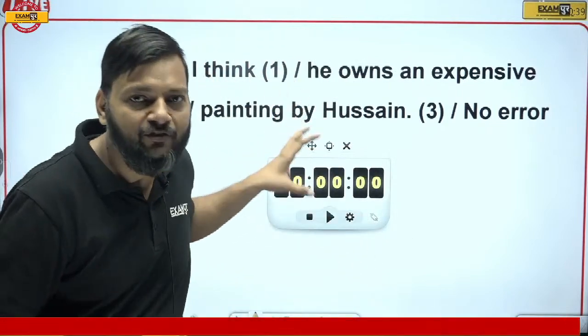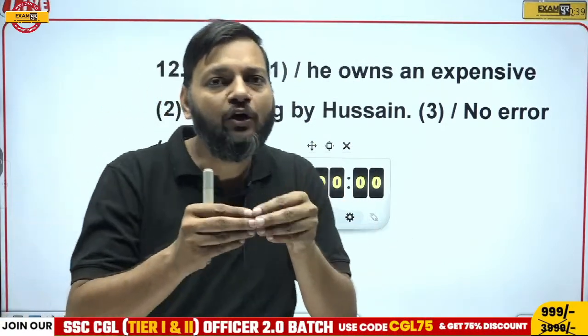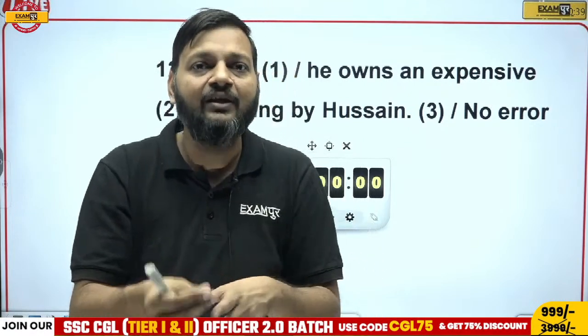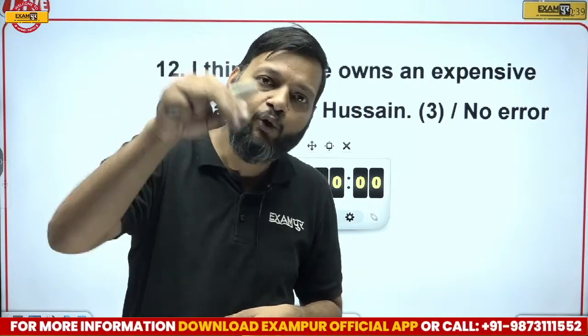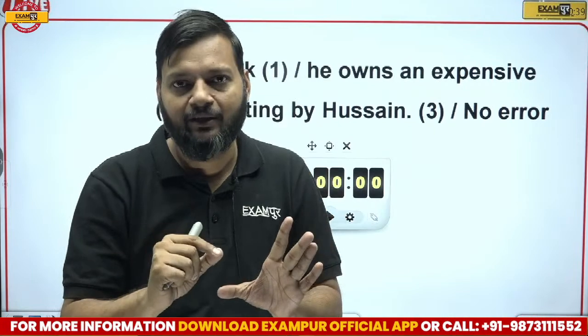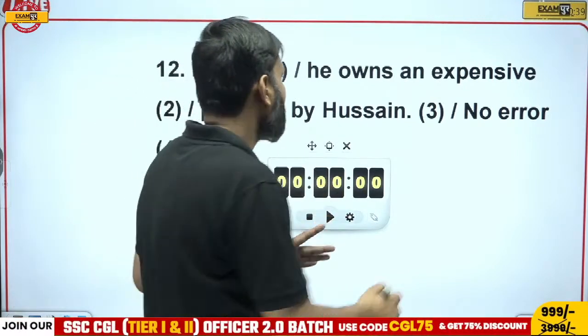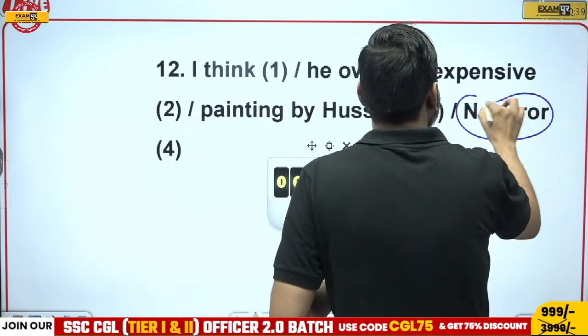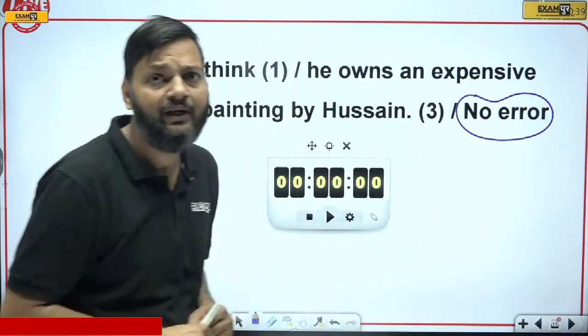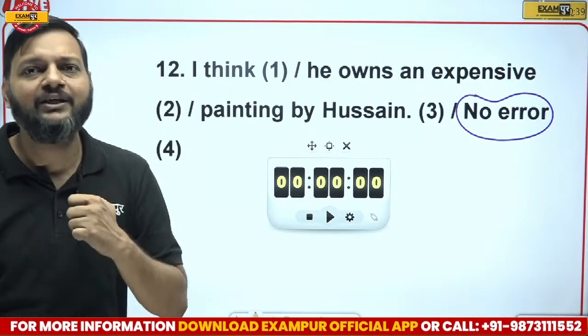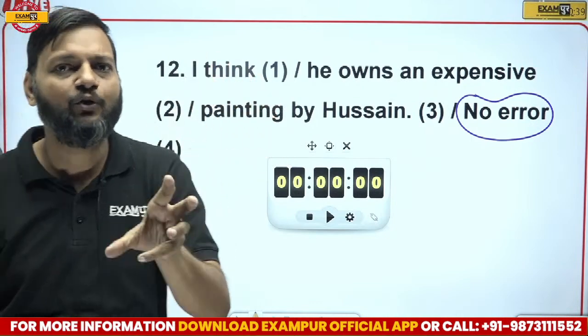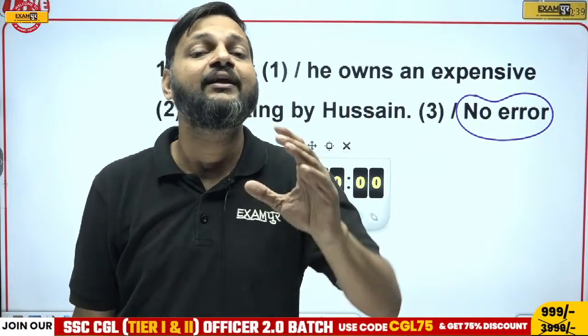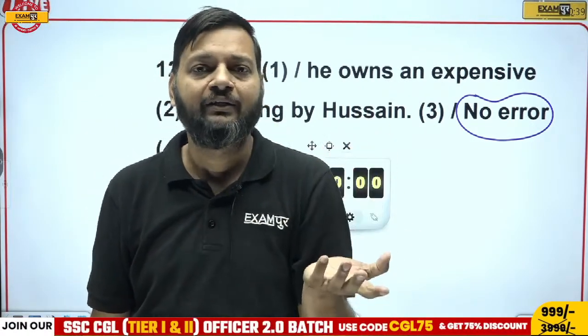If you think that there is no error, if you do not see any error in a sentence, be sure that no error can be the answer. Okay. So here the answer is no error. I gave you extra time to read this sentence just because I wanted to see how sure you are.